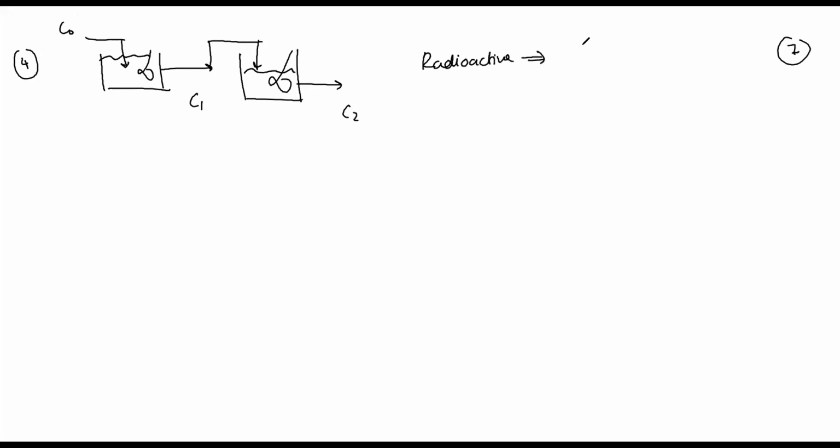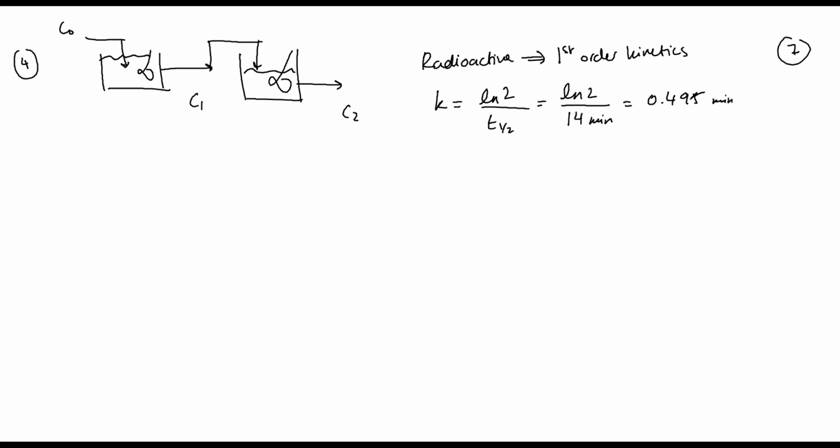So radioactive automatically means it's first order kinetics. And if you recall from the first slide, K for radioactive material is basically ln2 over t to the half, which is the half-life. So if I go ln2 divided by 14 minutes, the K in this case is 0.495 per minute, right? Okay, so I have the value for K.